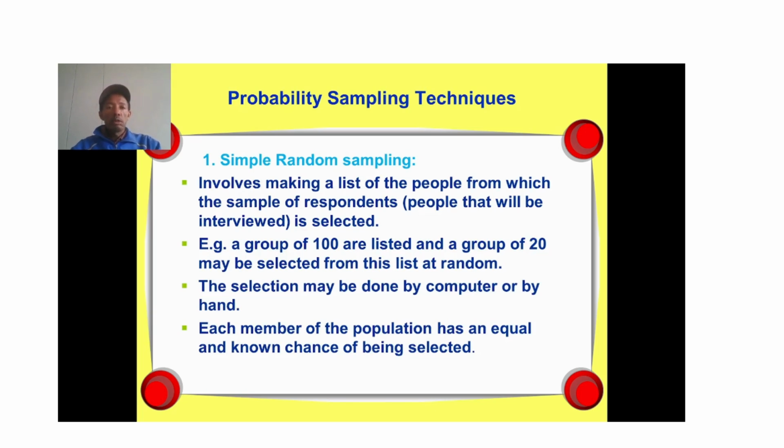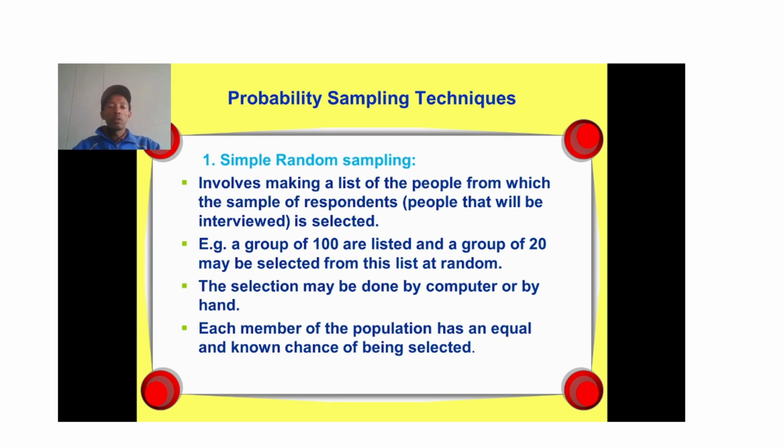We are going to discuss the first type of this broad category of sampling technique, that is, the probability sampling method. Simple random sampling involves making a list of the population from which the sample of respondents, or people that will be interviewed, is selected.